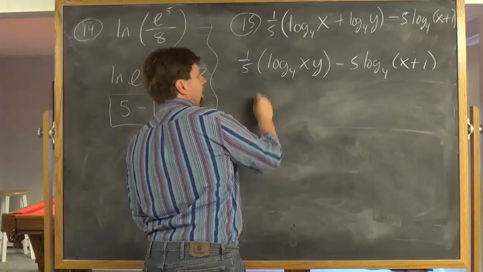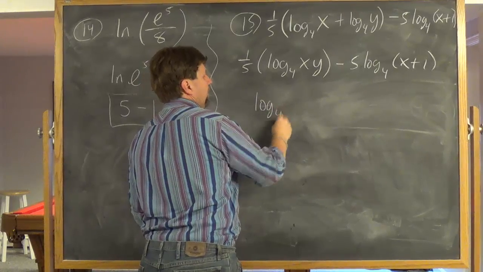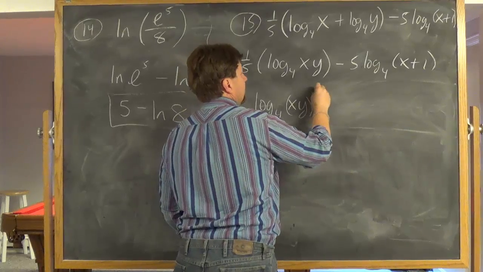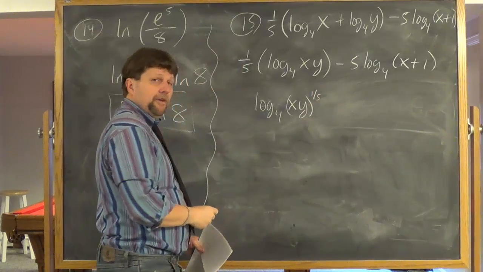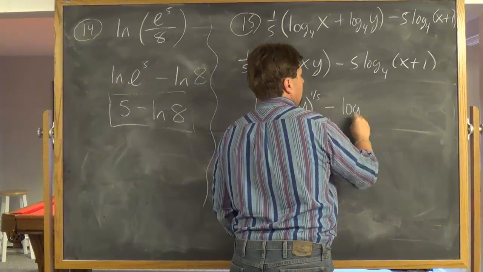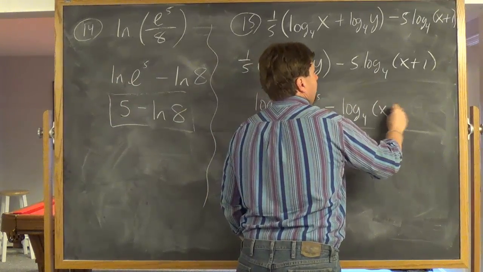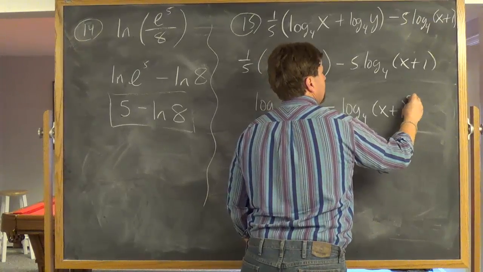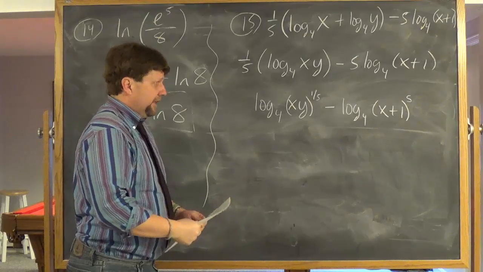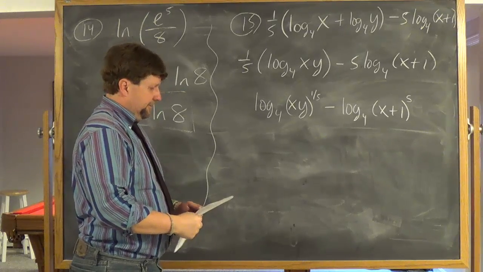So that will give me log base 4 of this xy, and it has an exponent of 1/5, minus log base 4 of x plus 1 with an exponent of 5. So that's using another law of logarithms.